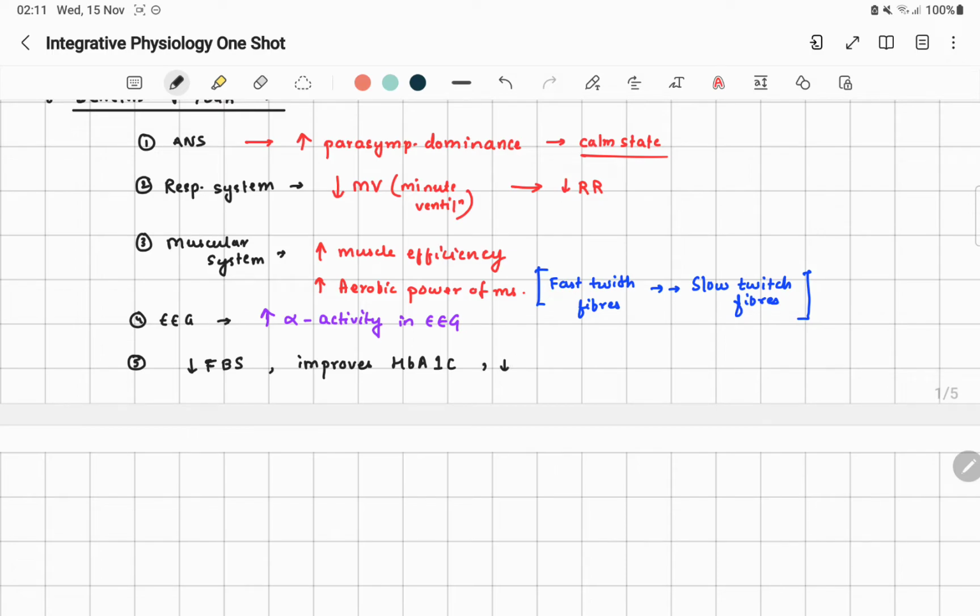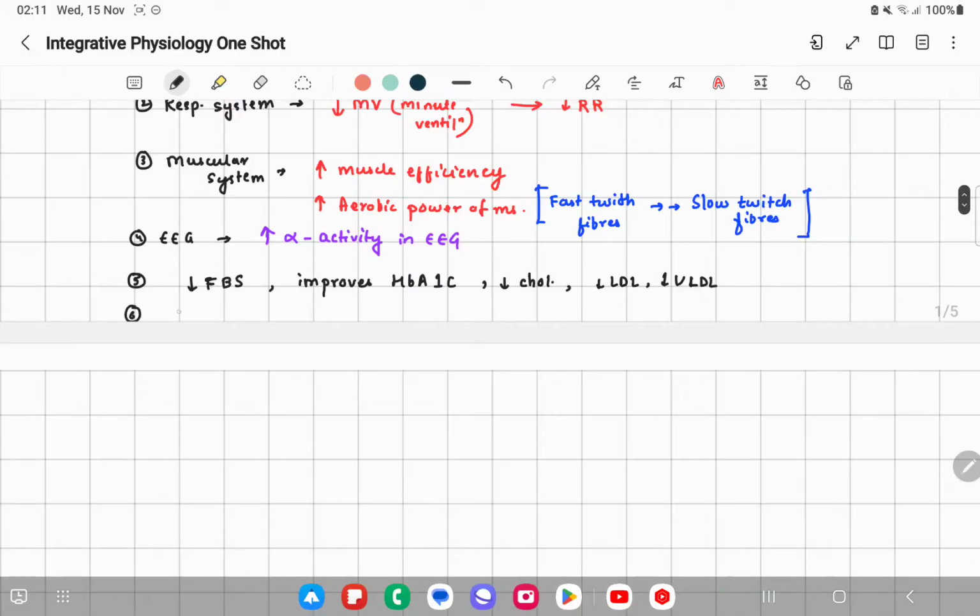It lowers the cholesterol, the LDL and the VLDL. So it has a very important role to play in metabolic disorders, and it has effects on obesity too.